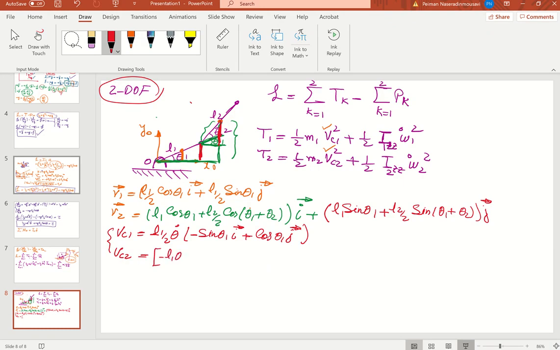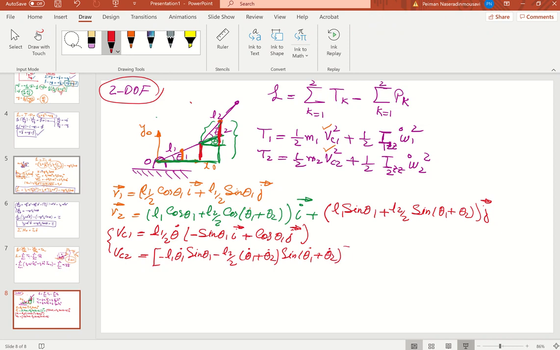minus L1 theta dot 1 sine theta 1 minus L2 over 2 times theta dot 1 plus theta dot 2, because of the time derivative, in sine theta 1 plus theta 2.